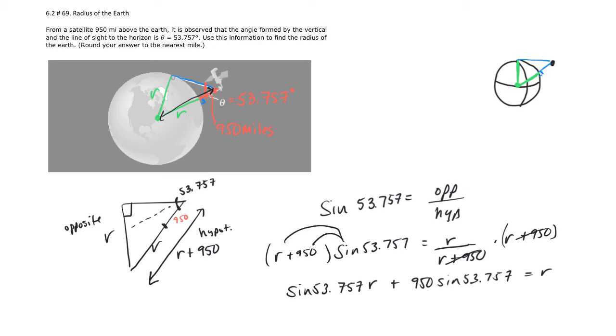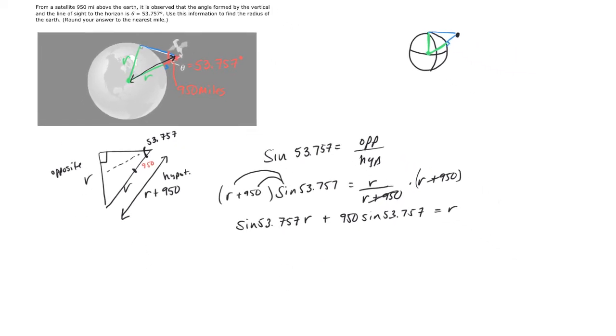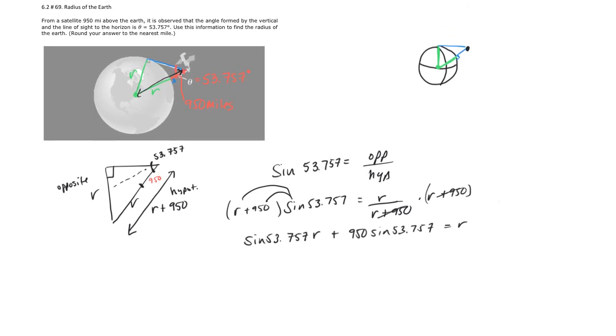If I wait to figure out the approximation, that helps me be a tiny bit more accurate. That's why I'm writing all this out instead of getting decimals here. So I'm going to get all the r's to one side. I subtract sine of 53.757 times r from both sides.